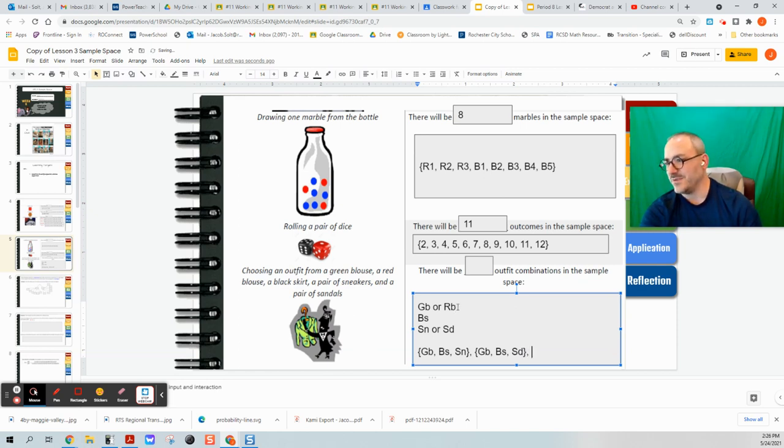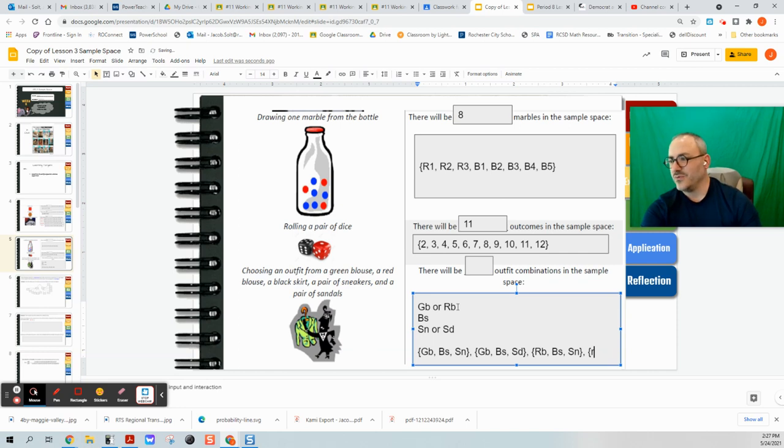What's another possible combination of clothing they could wear within these options? Well, we've exhausted all the possible options with the green blouse, so now we have to move on to the red blouse. Red blouse, black skirt, sneakers, or next time they could do sandals.